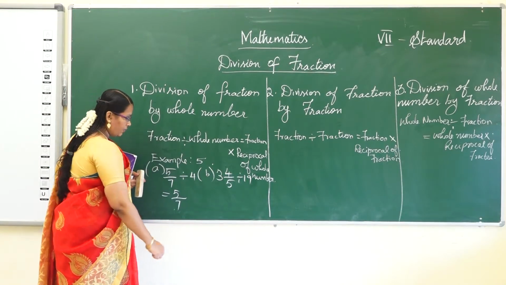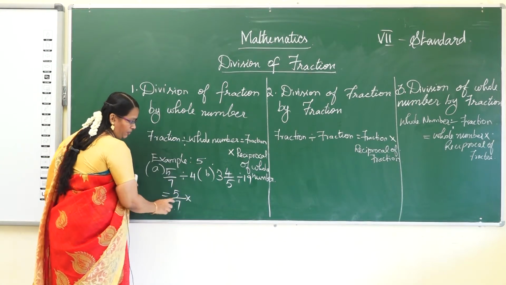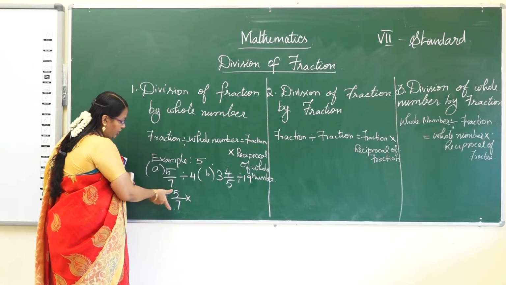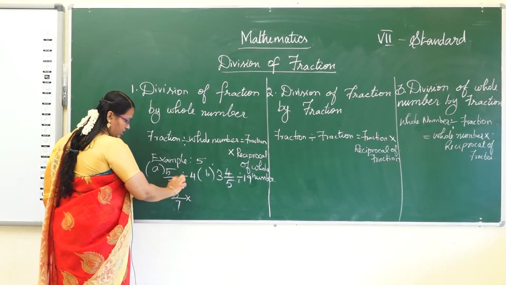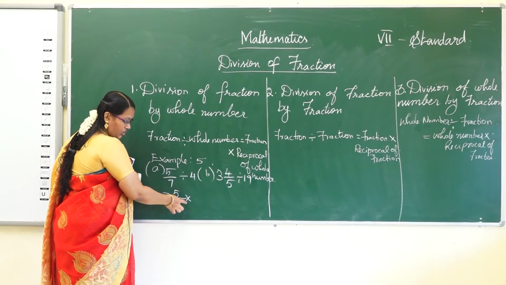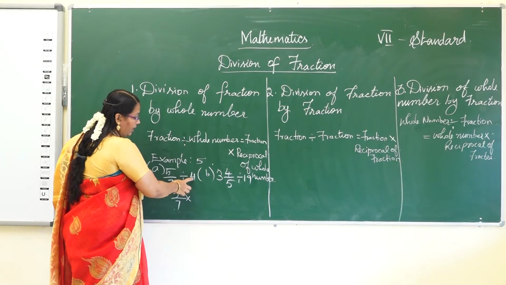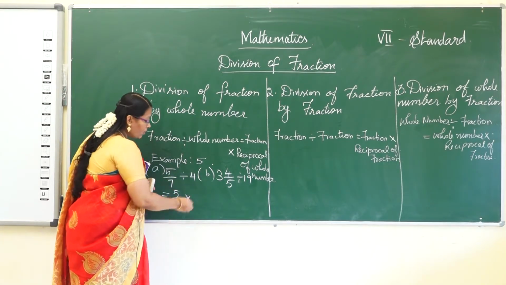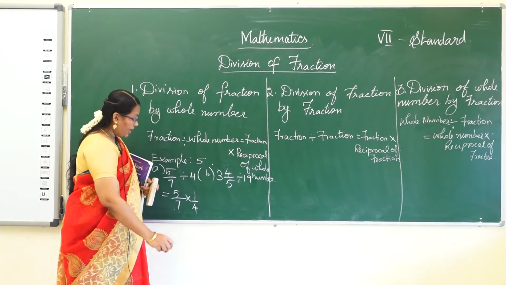Don't change the first term. Change the sign: division changes to multiplication. What is the reciprocal of 4? It is 1 by 4.